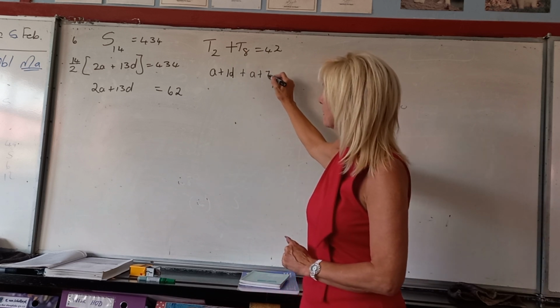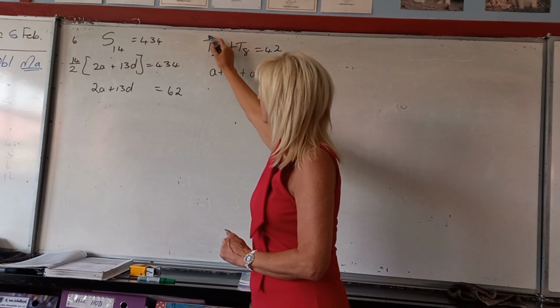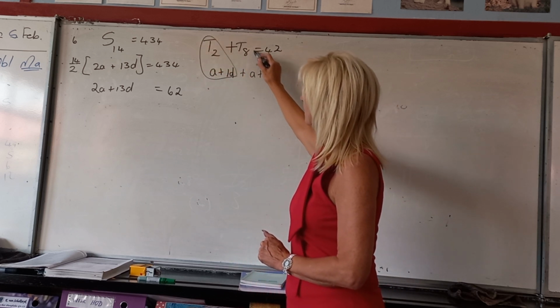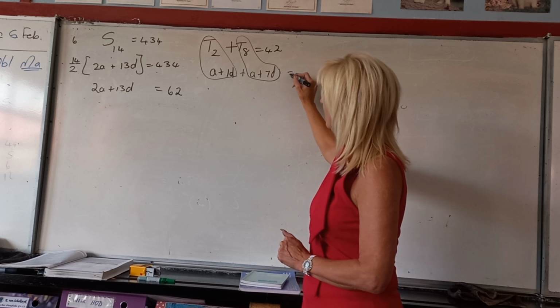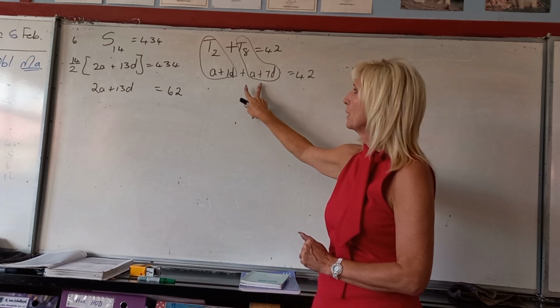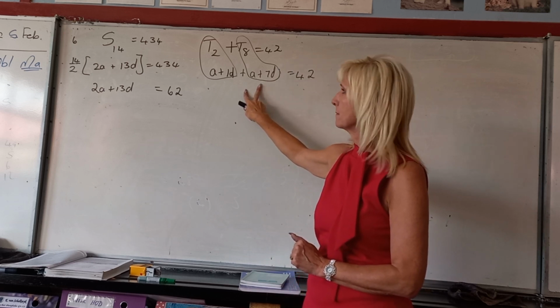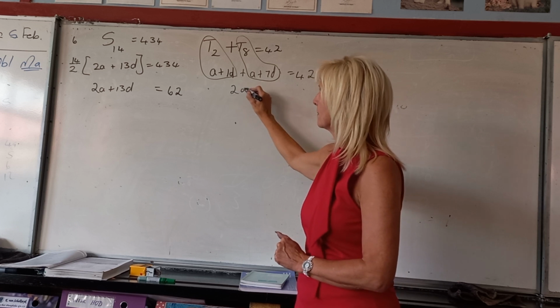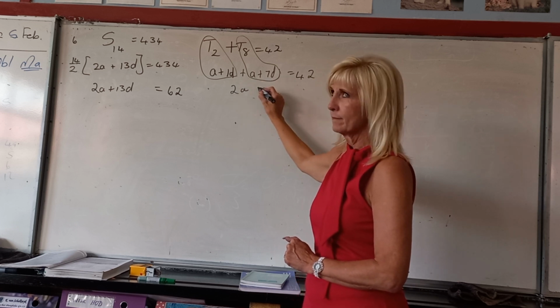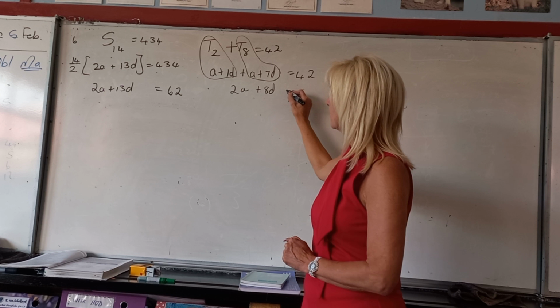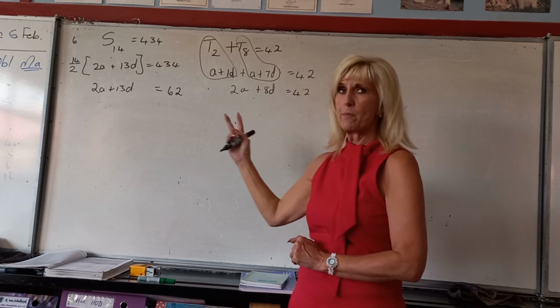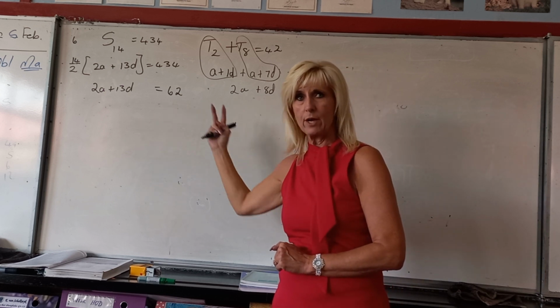A plus, do you see it? Term formula. So when we add, we get 2a plus 8d equals 42. Is everybody with me that I've got simultaneous equations?